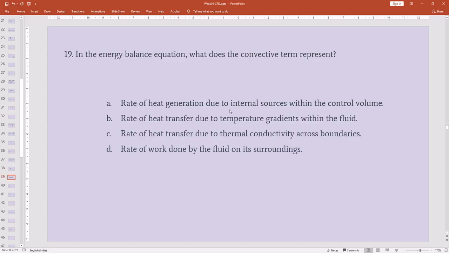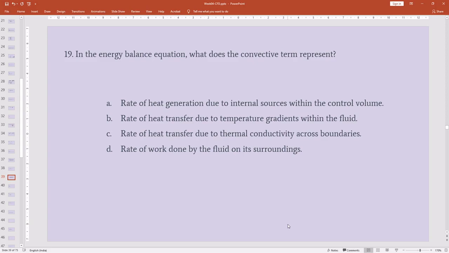Going forward to the next question. In the energy balance equation, what does the convective term represent? I think we have already discussed this question today, or it was diffusion. Anyway, the options are: A, rate of heat generation due to internal sources within the control volume.